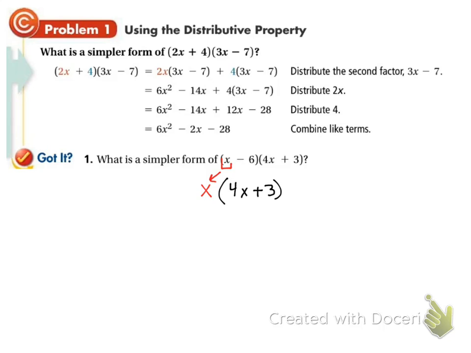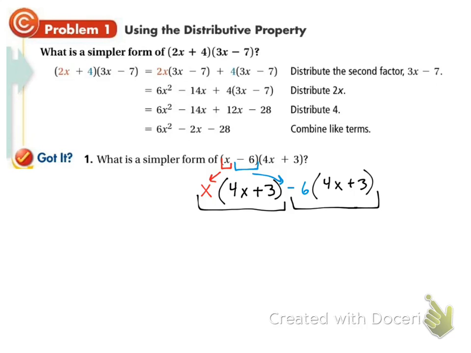And then I'm going to take the rest of this, so the minus 6, and that goes next. And then I put my parentheses again, 4x plus 3. These two pieces, you've done before. That's just multiplying a monomial into a binomial. And then we're just going to have to combine them.